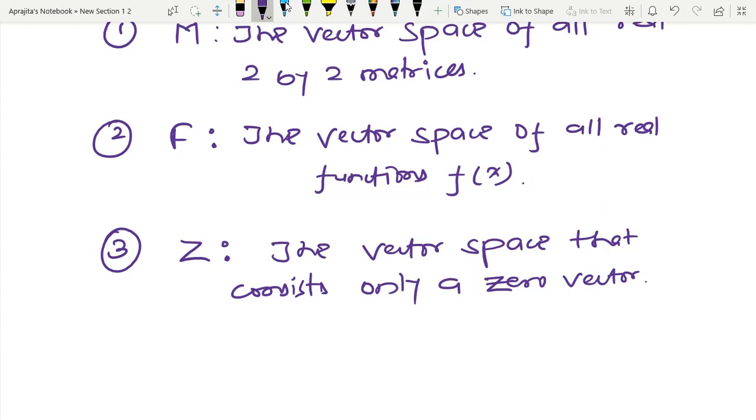After multiplication or addition, one can observe that the result is still in either M or F or Z. So all the conditions of the definition of vector space one can easily check, even if we move from the column space to those kinds of space where we have matrices and functions, and even if we have the 0 vector.